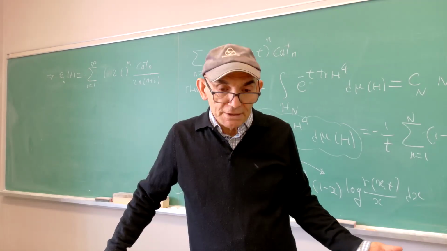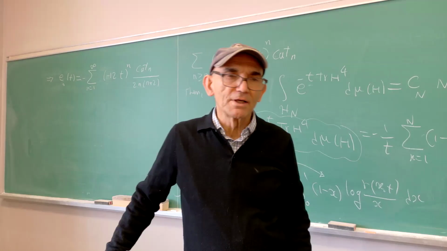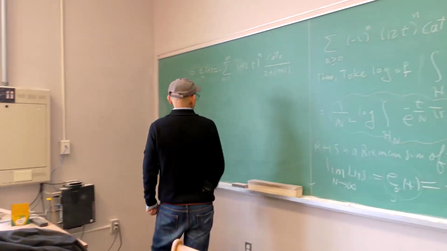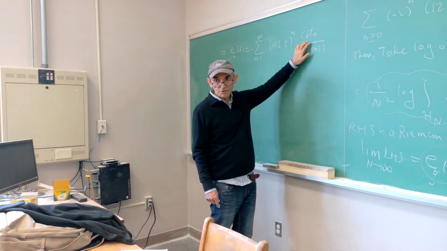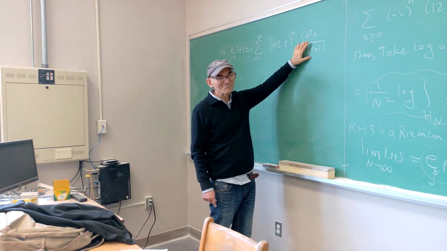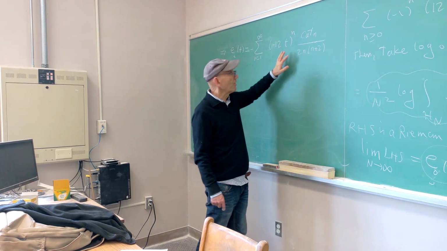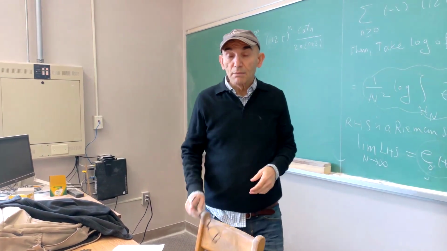Except, of course, for t equal to 0, right? Yes, that's correct, because the Catalan numbers grow way faster than anything that's there. Indeed, this is divergent for all t different from 0, because Catalan numbers grow exponentially, not factorially, but definitely exponentially. So there's no way you can find a t that makes this converge. So we obtained a divergent series.